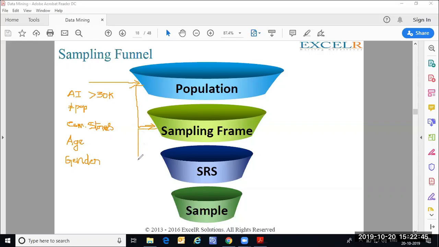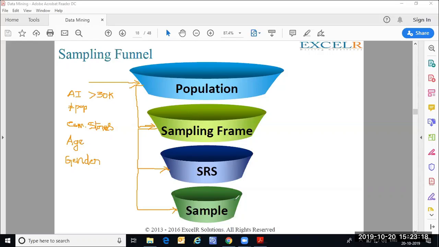By applying the SRS technique, I'm going to randomly extract a few people, which would be a right representation of the entire population that I'm trying to analyze. By applying this SRS technique, simple random sampling, we managed to extract the sample.